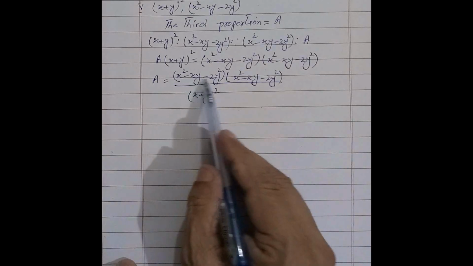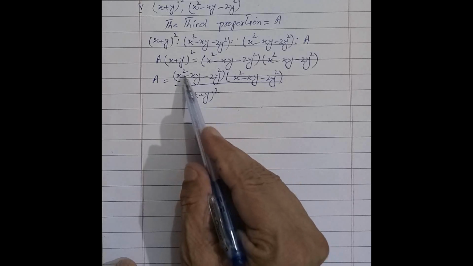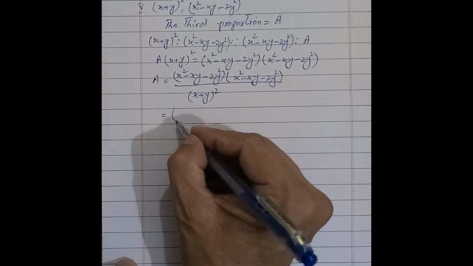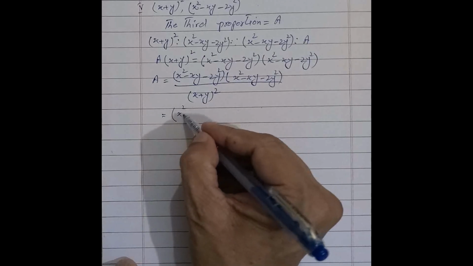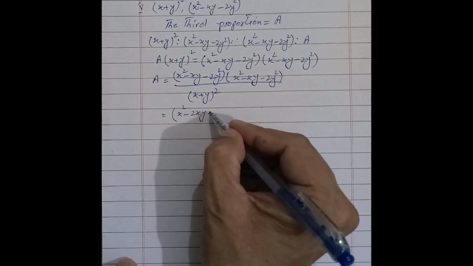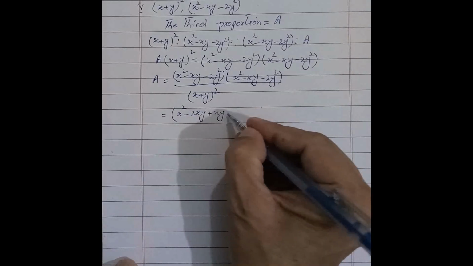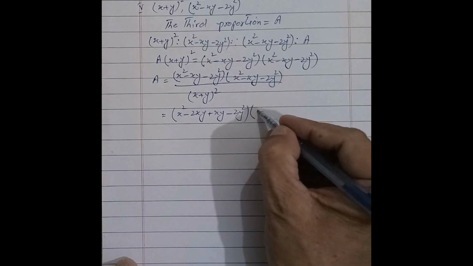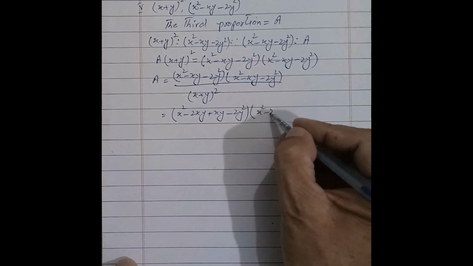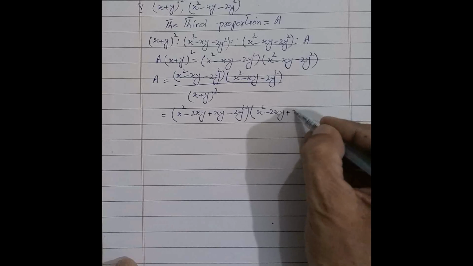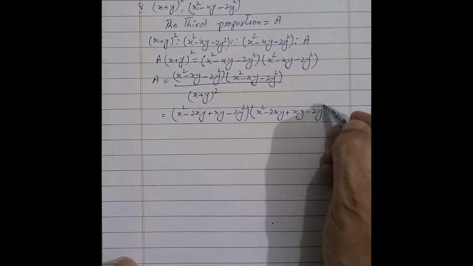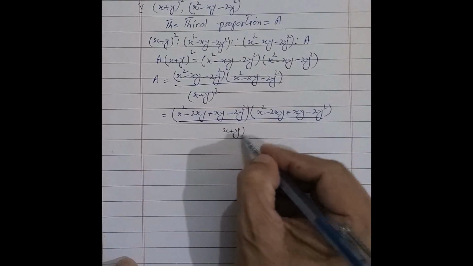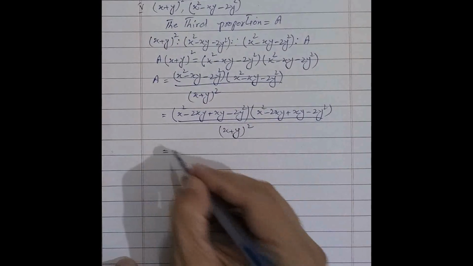And we factorize these two values, x² − xy − 2y². We have (x² − 2xy + xy − 2y²)² into (x² − 2xy + xy − 2y²)² over (x + y)².